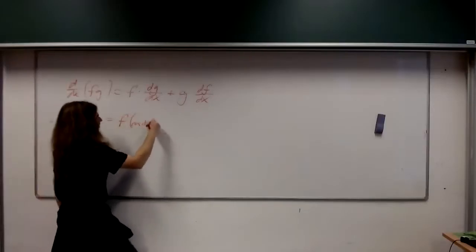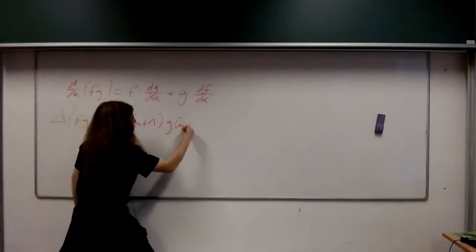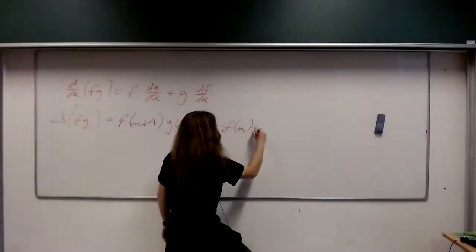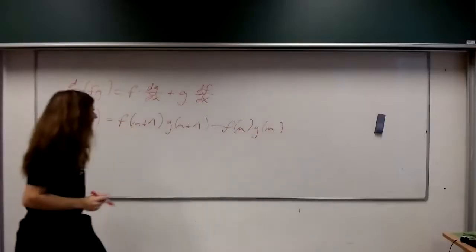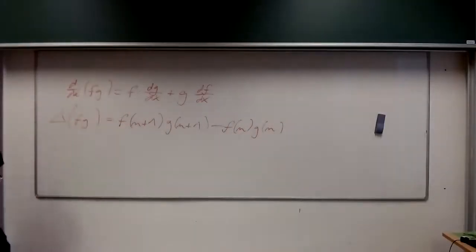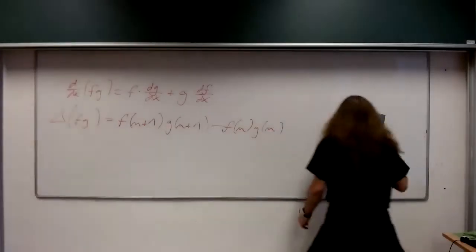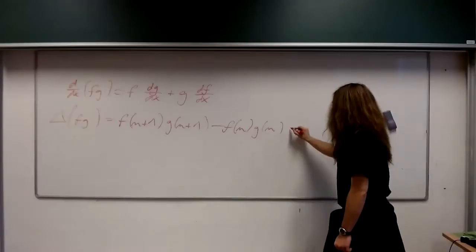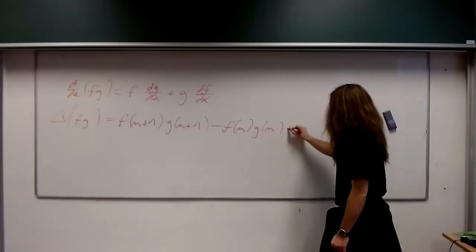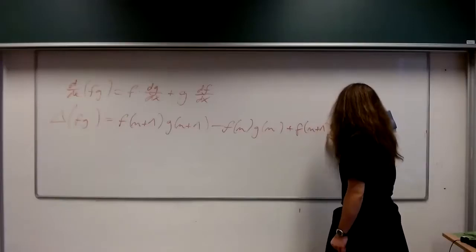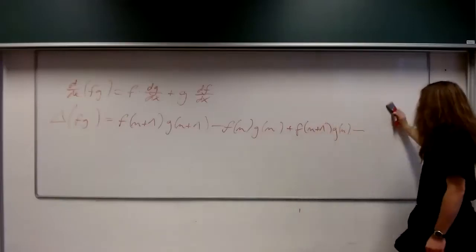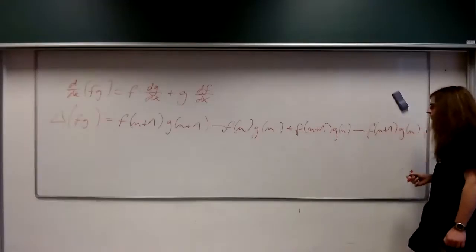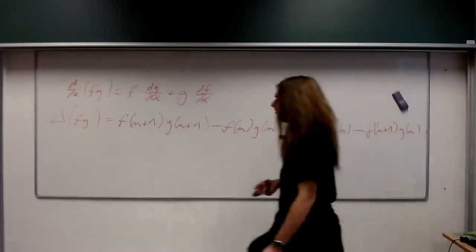We need to get the product in n plus 1 and subtract the same thing in n. And here I will just proceed in the same way as I would if I was deriving the Leibniz rule. Let's add and subtract one of the terms that would look like this. Of course, that didn't change anything.